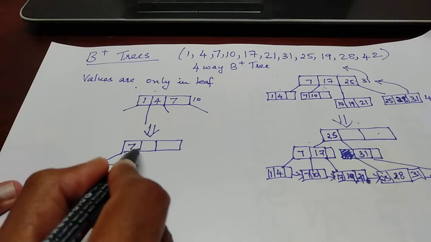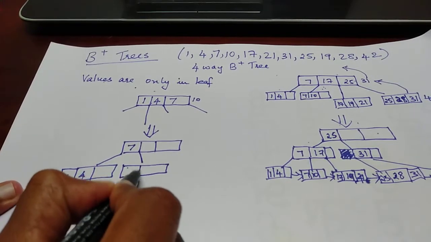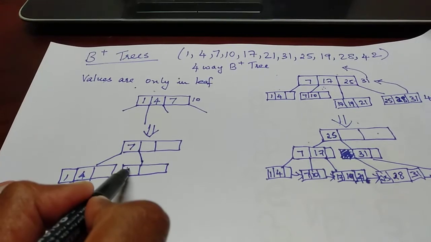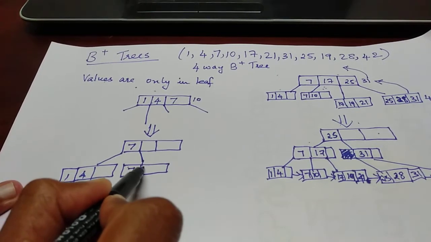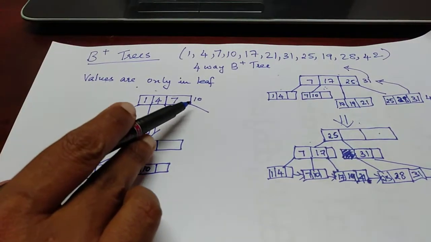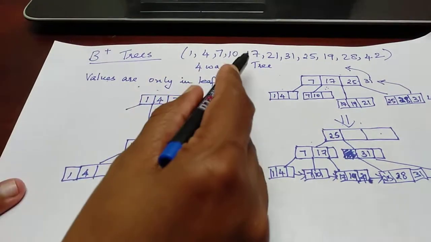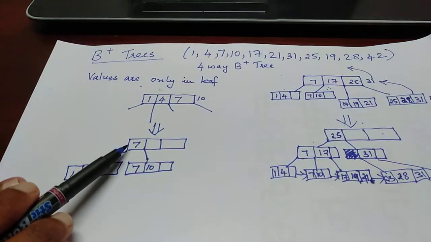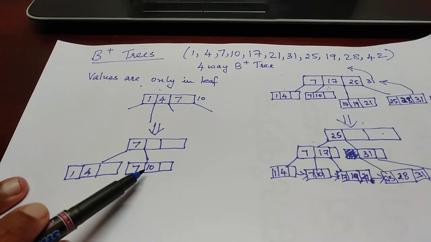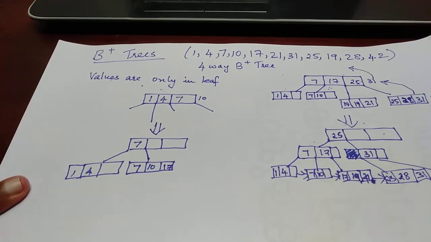To the right of 7 I should have the value 7 also, and then the new element which was supposed to be placed in the previous node. So now I have got 7 and 10 over here. Let's look at 17. Where should 17 go? 17 should go to the right of 7, and I have space over here, so I can simply put 17 over here.